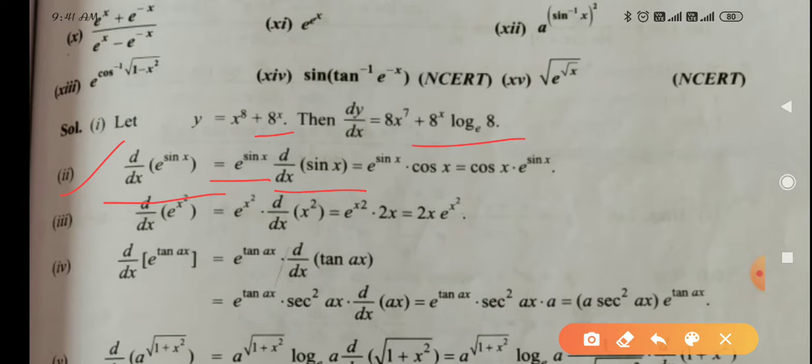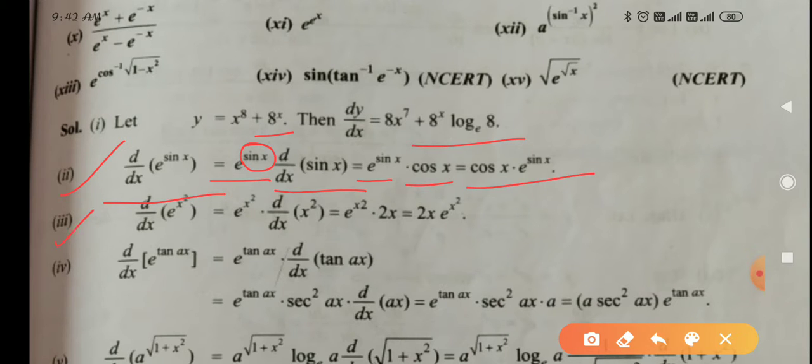Why d upon dx of sin x? Because we have taken it e to the power x, but it was not x, so its differentiation will come in multiplication. So e to the power sin x multiplied by d upon dx of sin x. So e to the power sin x multiplied by cos x, so cos x into e to the power sin x.